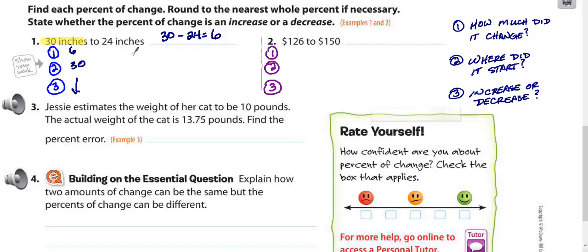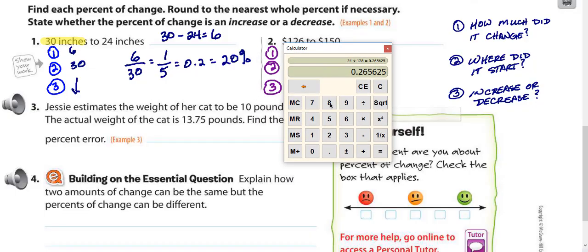So now we just take these and put them right into our equation. 6 divided by 30. Well, 6 divided by 30, we can grab our calculator. Actually, you know what? Let's simplify. 6 goes into 6 once. 6 goes into 30 5 times. Now, you might want to grab your calculator, or you might remember that 1/5 is 0.2, which is 20%.